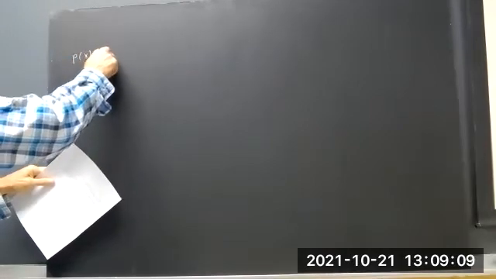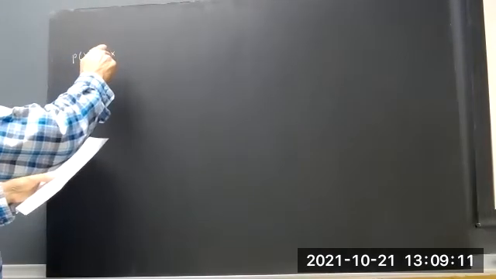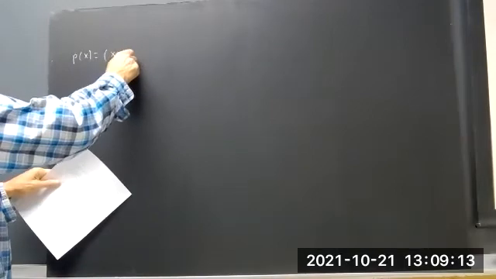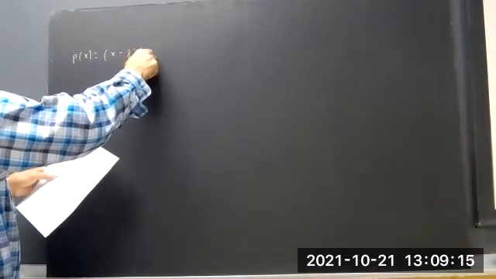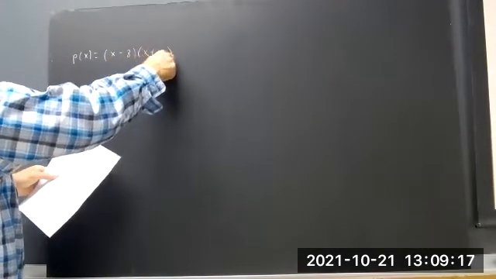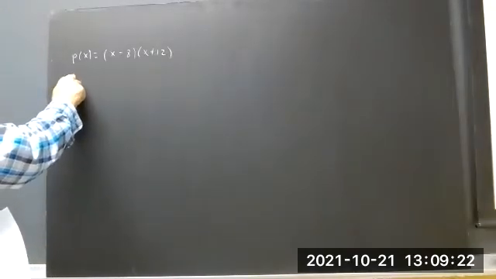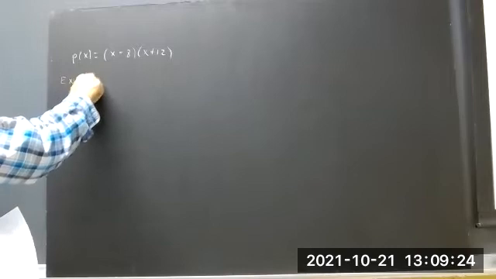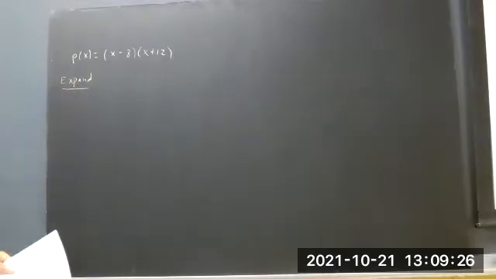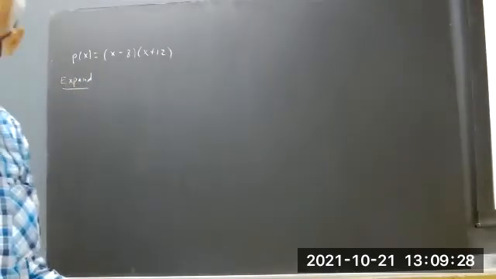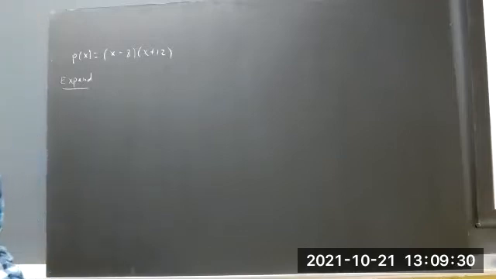Now, we have P of x is x minus 8 times x plus 12. Now, I want you to expand it using distributive law, but I've done that so many times that I'm not going to do it anymore.